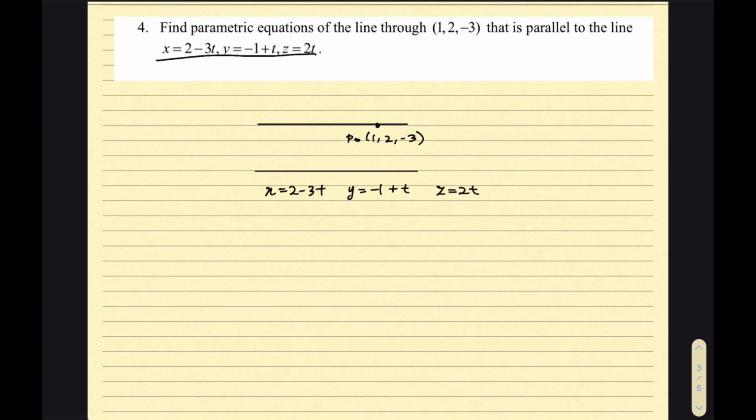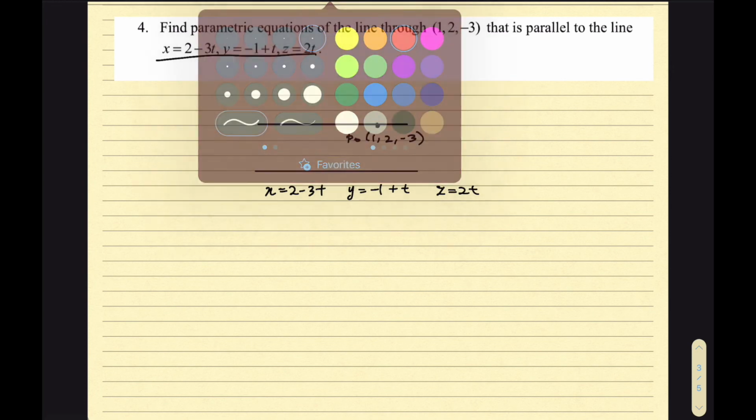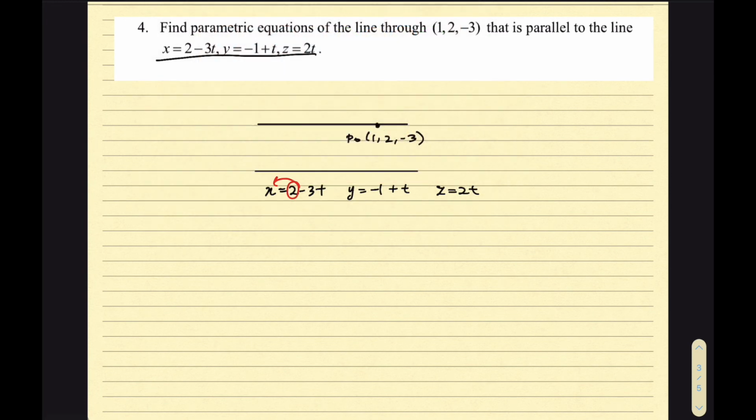The easiest way is to turn it into Cartesian form. To make it Cartesian form, we have to move the positive 2 to the other side. So we have x minus 2, then divide by negative 3. Equal to, the negative 1 moves to the other side, so we have y plus 1, and here the coefficient of t is 1, so divide by 1. Equal to z divided by 2. Okay, so how do we get the vector? The vector is always the numbers at the bottom here. Negative 3, 1, 2. This is the vector. So you can say that there is a vector on this line, let's say vector v, where vector v is negative 3i plus j plus 2k.